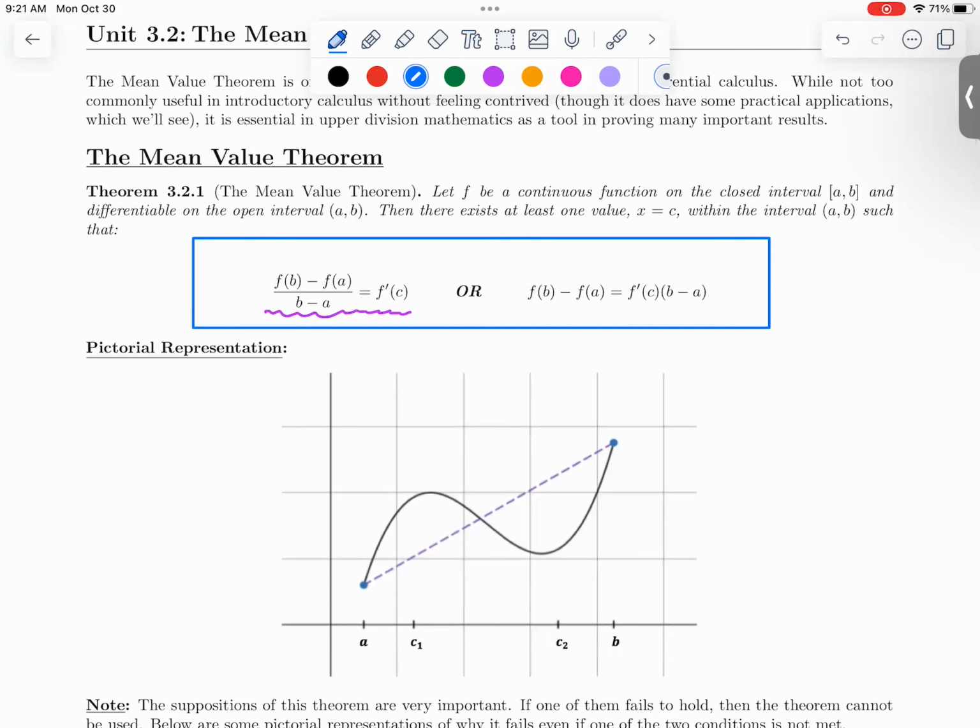So if this is my curve right here, f(x), what we're saying is there's at least one c value in the interval such that the slope of the tangent line is equal to the slope of the secant line. That's what it's saying. And it just so happens to be here and here.